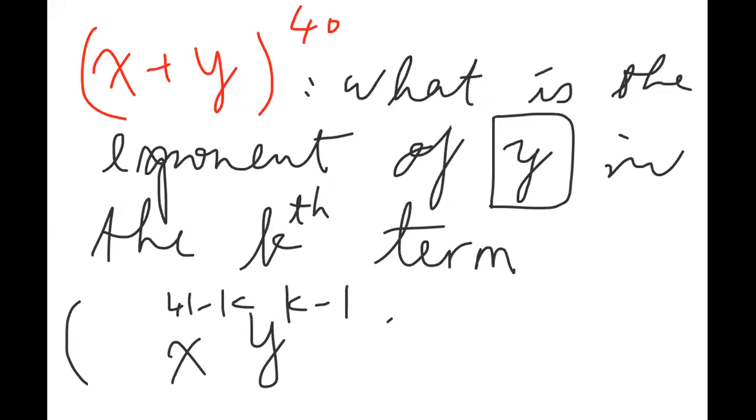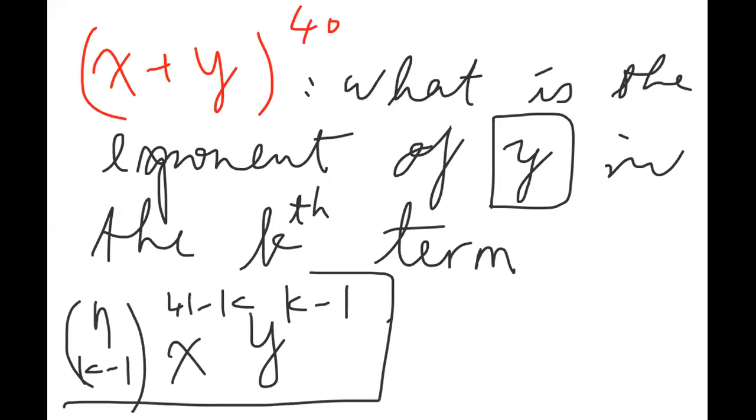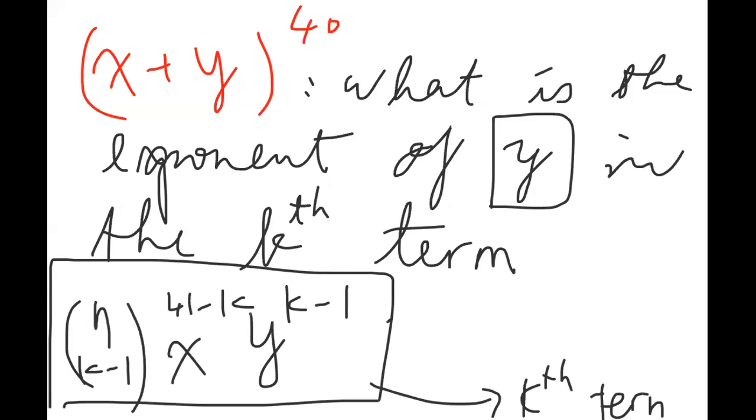And the coefficient is n choose k minus 1. So that is the kth term. So the power of y is k minus 1. Okay. Right.